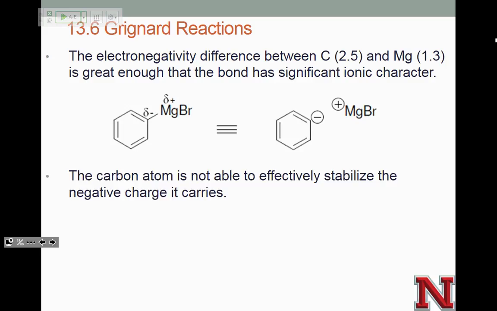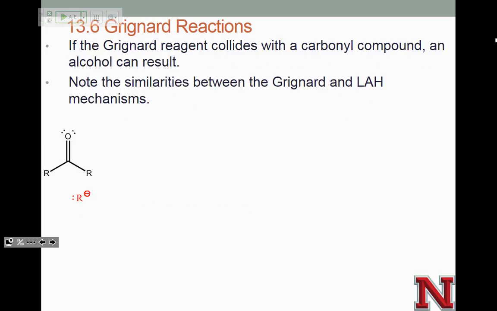So the carbon atom is not stabilizing the negative charge. It only forms because of magnesium being a metal. Otherwise, we won't get it to form. So it will act as a base or a nucleophile. In its role of acting as a base, we just have an R. As a nucleophile, we have an R and a negative charge.